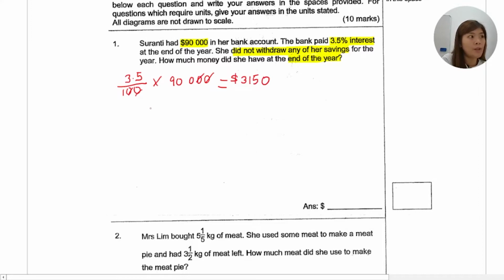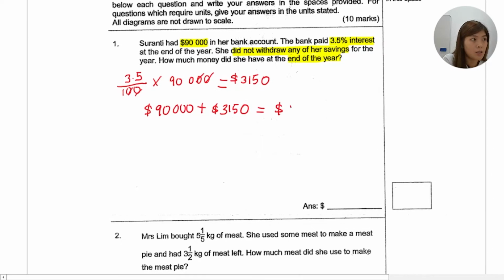To find out how much money she had, she needs to take the original sum, which is $90,000, plus $3150, which gives us $93,150.